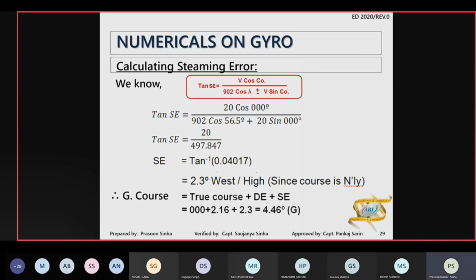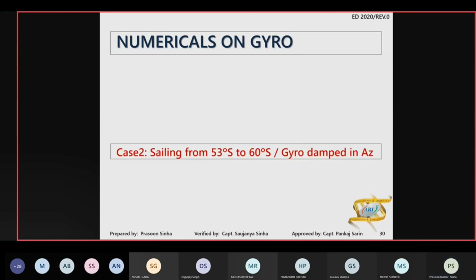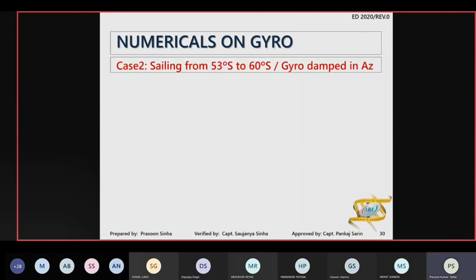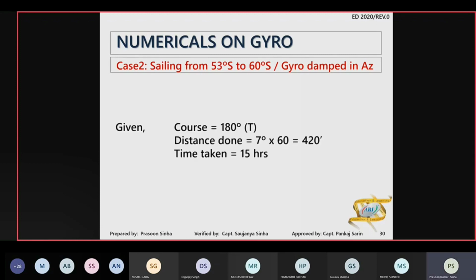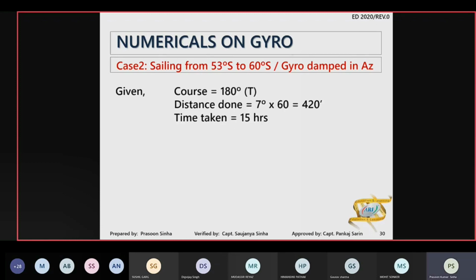So we can calculate DE for MLAT, but in the second part, the gyro compass is damped in azimuth, so DE is going to be nil. This is the second case, 53 to 60 south. Gyro is damped in azimuth, and so DE is going to be nil.